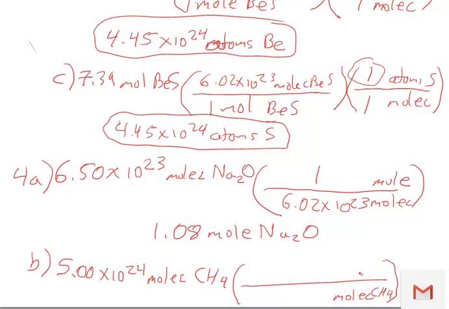We want to find moles. For every 1 mole, there are 6.02 times 10 to the 23rd molecules. So in this case, we would get 8.31 moles of CH4.